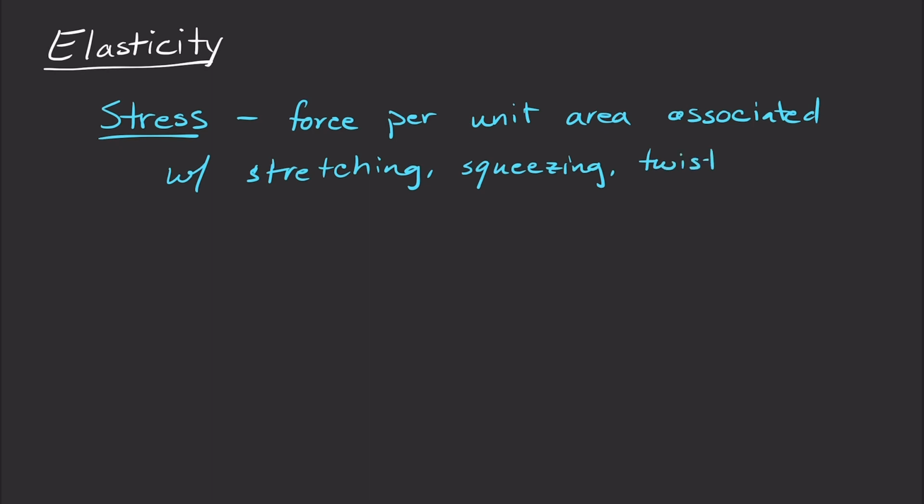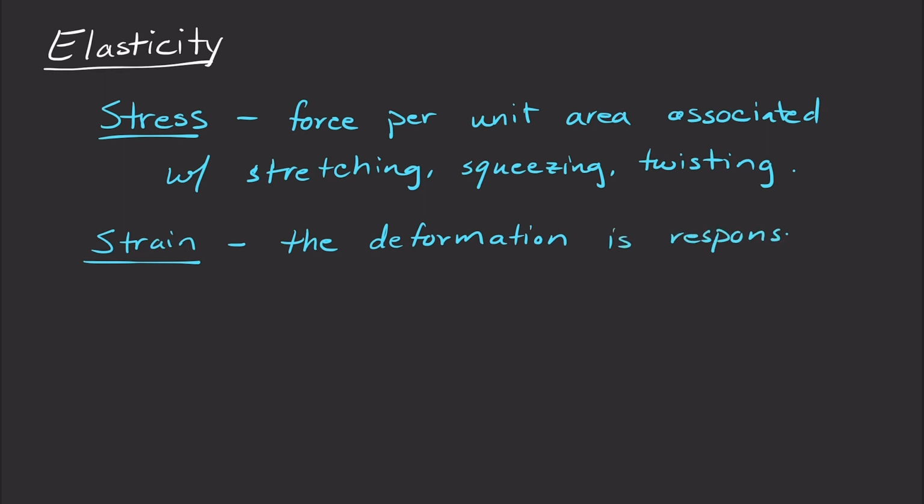Okay, so now we have objects that don't want to be deformed, and we're applying forces to some cross-sectional area. And then when we do that, that's going to produce some strain. So you start pushing on a metal rod, it's going to be strained. And this is a measure of the deformation, so how much it deforms in response to that stress.